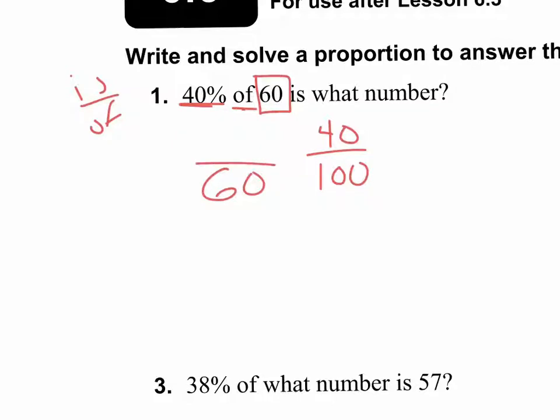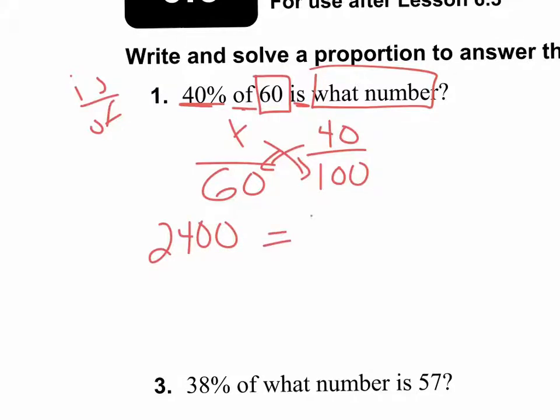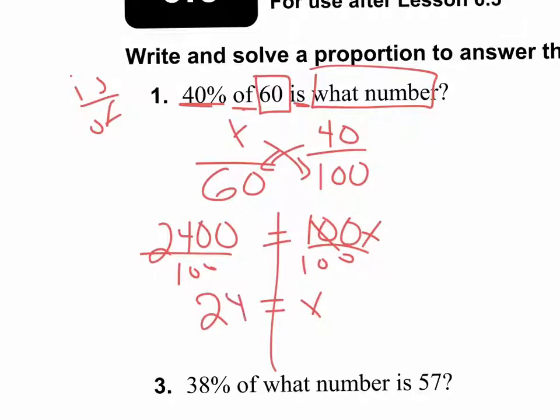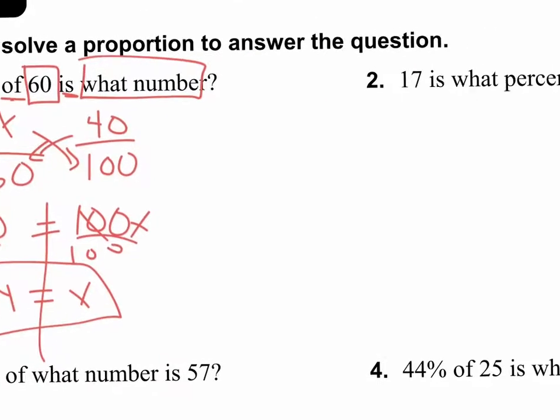So 60 goes on the bottom. Is, what number do we know? No, so that's going to be my x. We do our cross product, so 40 times 60 is 2400, equal to x times 100, which is 100x. Then we solve it, we divide by 100, x is equal to 24. Okay, percent always goes over 100, is over of.